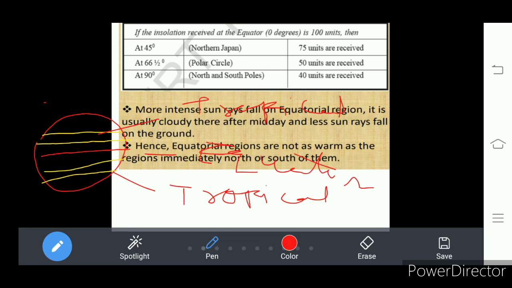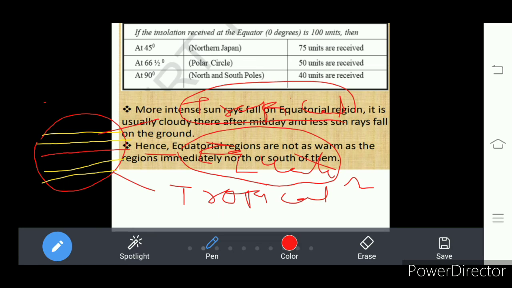We are comparing the temperature received at the equator with the tropical region. So where do we find a high temperature? It is at the tropical zone. And then we find somewhat less temperature at the equator.